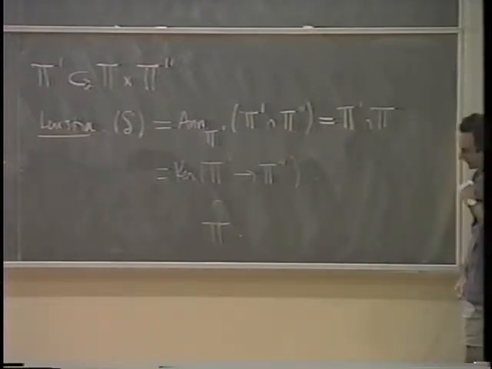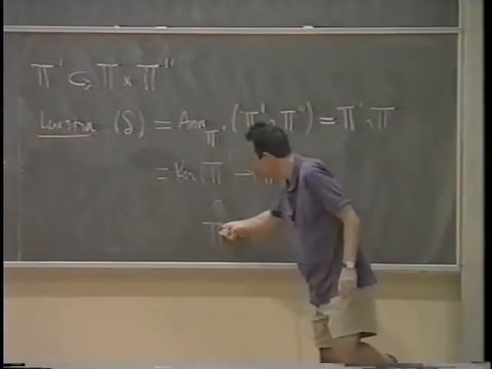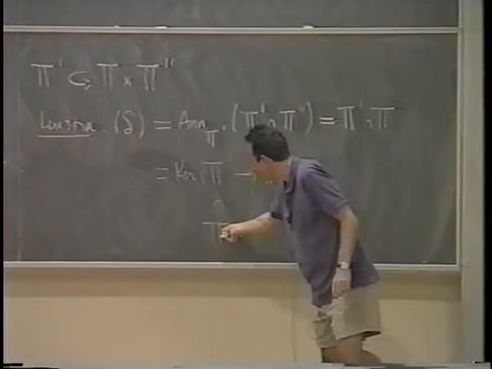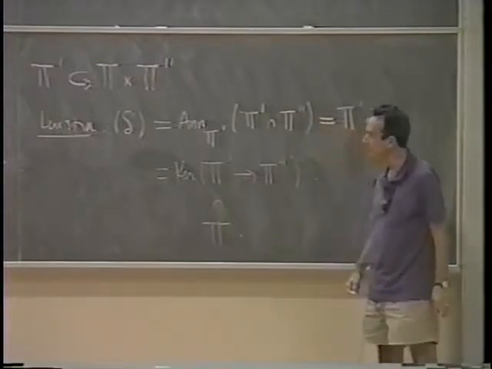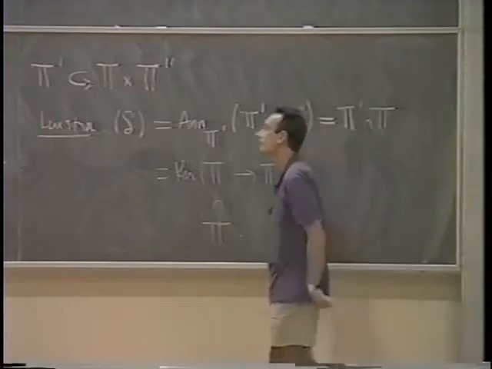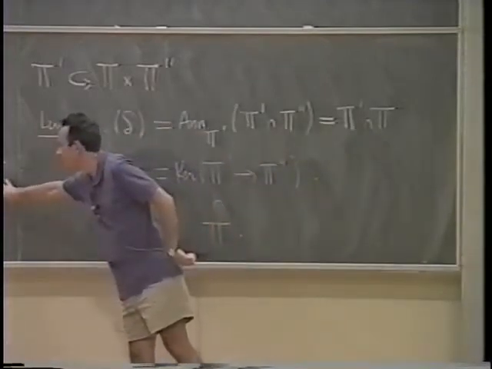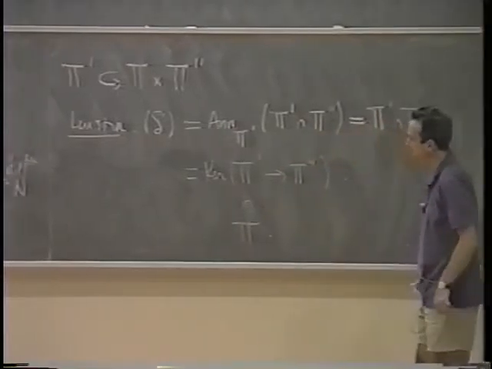If you want to think of it as an ideal in T, what is it? Well, it's the ideal of Hecke operators at level n, which are the restrictions of Hecke operators at level q squared n, which vanish on the forms which have q in the level. Well, that's a very long-winded way of saying in words what I've just said in symbols.